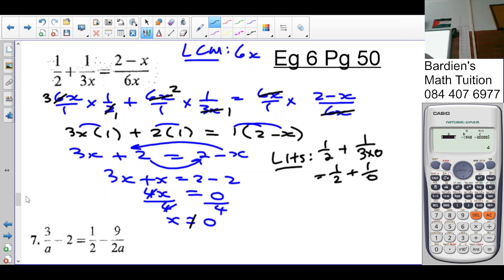You put that in the calculator, I'll show you. 1 over 2 plus 1 over 0. Anything divided by 0 is an error. Can you see that, people? So therefore x can't be equal to 0. So this sum actually has no solution. There's no solution on that sum.